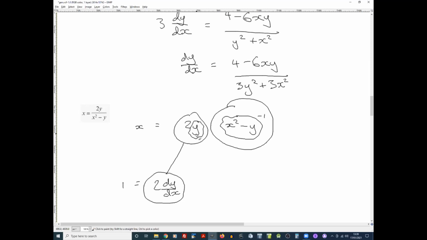If y were the variable of differentiation, it would just be 2. But this is a case of the chain rule.